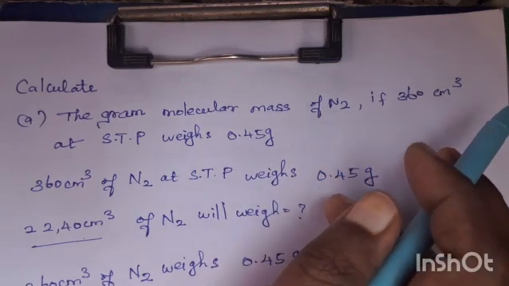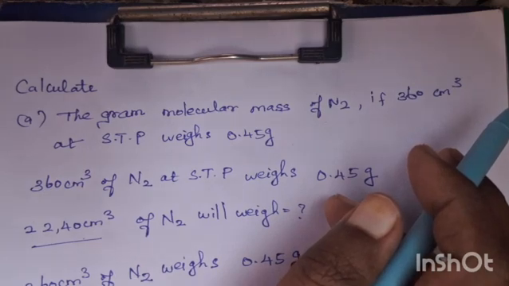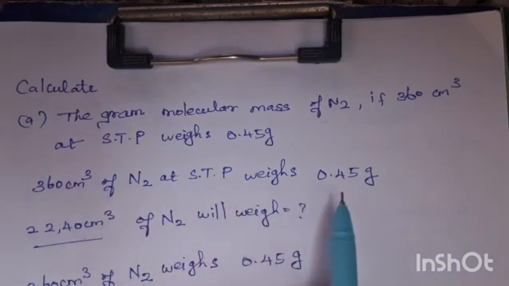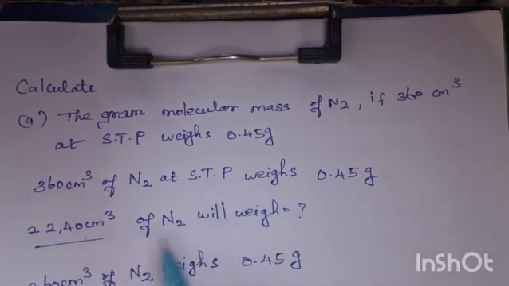Why? Because the weight respective to that volume is the gram molecular mass of that particular element. So 360 centimeter cube of nitrogen at STP weighs 0.45 gram. Then what about the weight respective to the molar volume? The weight respective to this volume is the gram molecular mass.